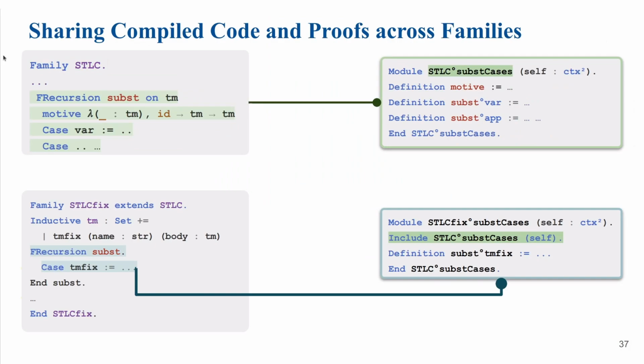This translation is modular and efficient in that the code compiled for fields of a base family can be shared with derived families without recompilation. For example, all the compiled case handlers in family STLC can be reused by STLC fixed without recompilation.